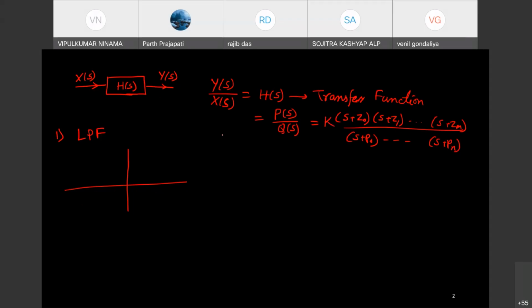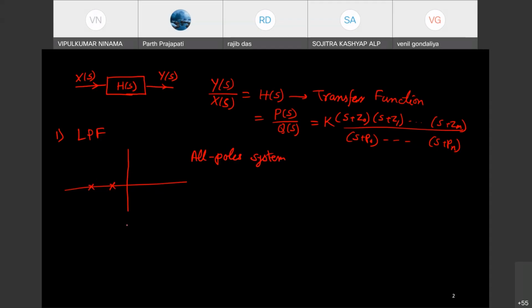You know that zeros will be denoted by circle and poles are denoted by cross. For low pass filters, you should have all poles. So this is an all pole system. If there are no zeros, only the poles, you will get a low pass filter like this one.